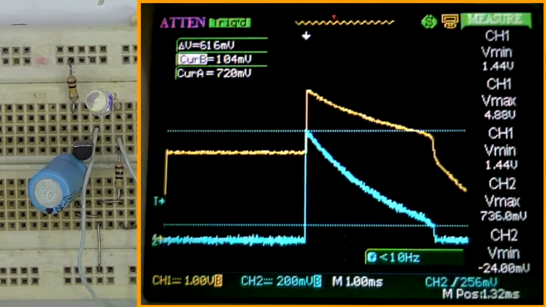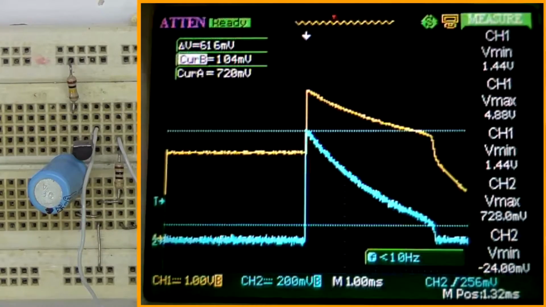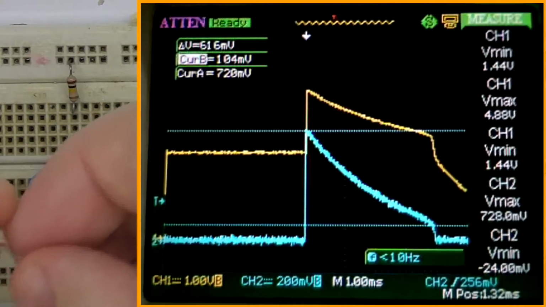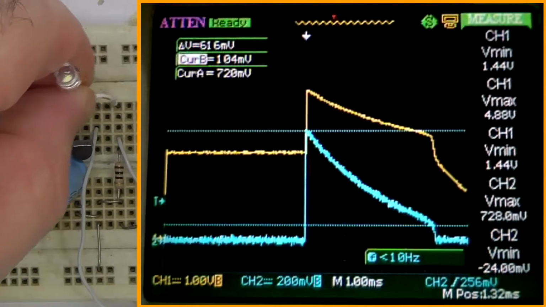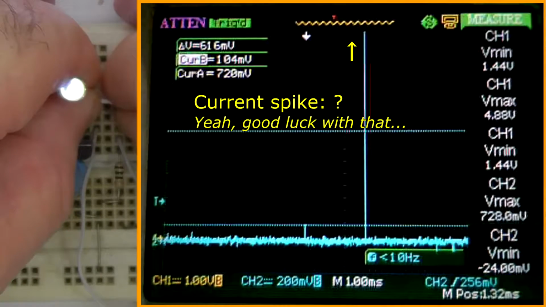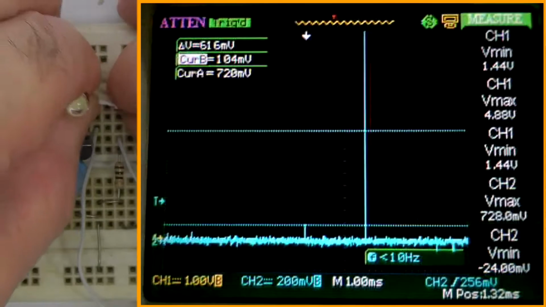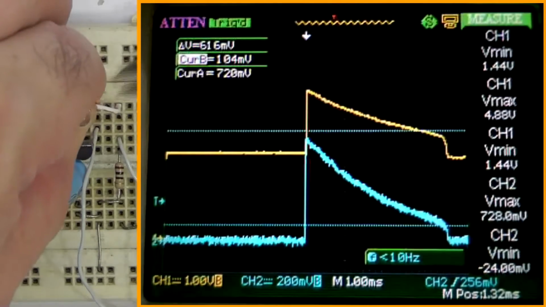Or is it? Let's try some other white LEDs from a similar batch, I would expect, because they came out of the same device. Let's try this one. That initial light pulse is quite surprising.